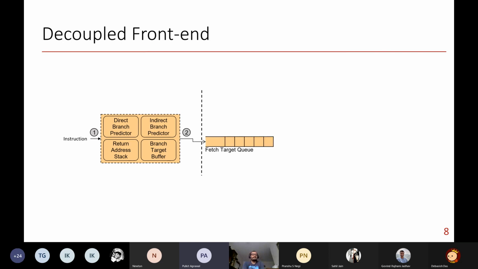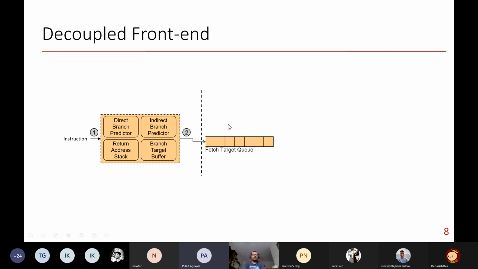I will tell you what exactly it is. In the first stage, you are not going to the L1 I-cache to get the instruction. Instead, we use the branch predictor and the branch target buffer to find out a set of possible instructions that can be fetched ahead.